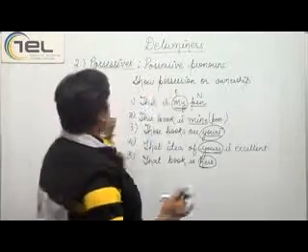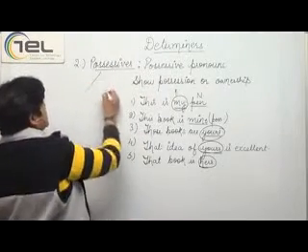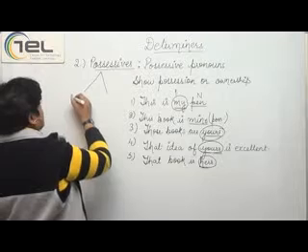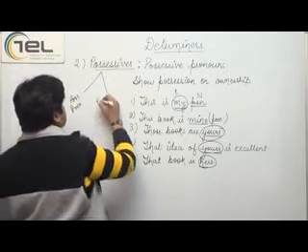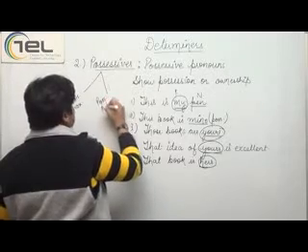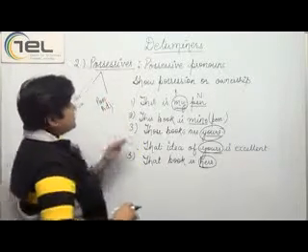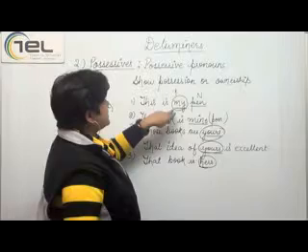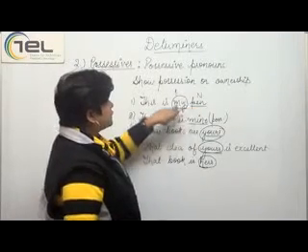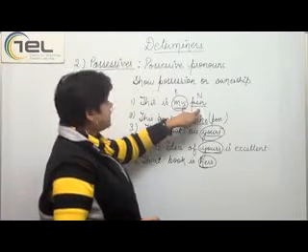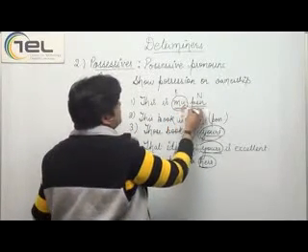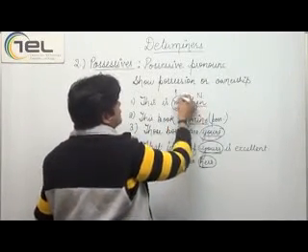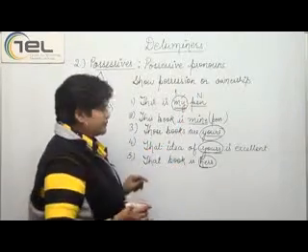Now possessives can also be taken into two categories. One is possessive pronouns and the other is possessive adjectives. Now if you see in the first case, this is my pen. I have used my before the word pen, so I am using my as a possessive adjective.